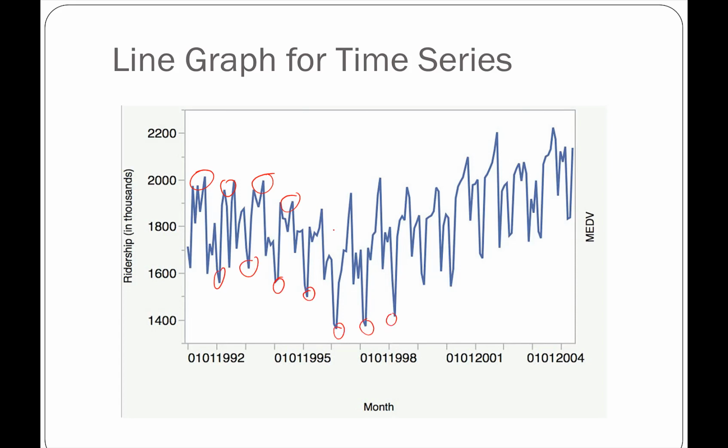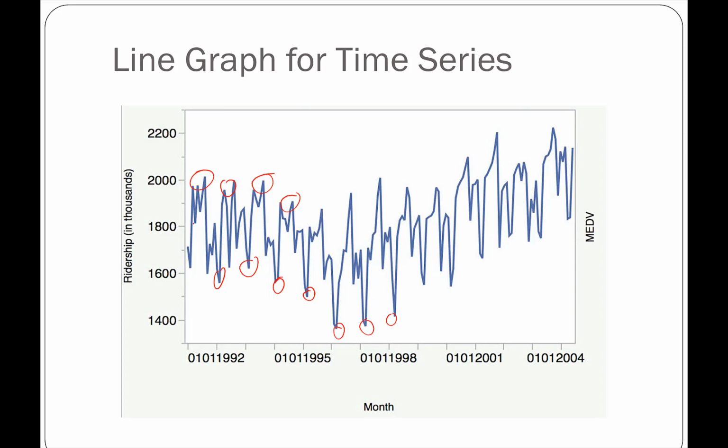Those peaks and troughs correspond to some time frame, some window of time when ridership is high or low. It looks like it's seasonal, and so in time series you would look for patterns like that.